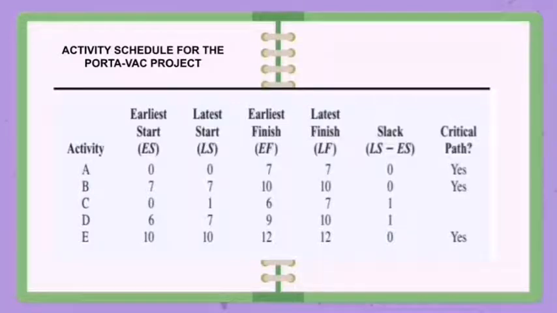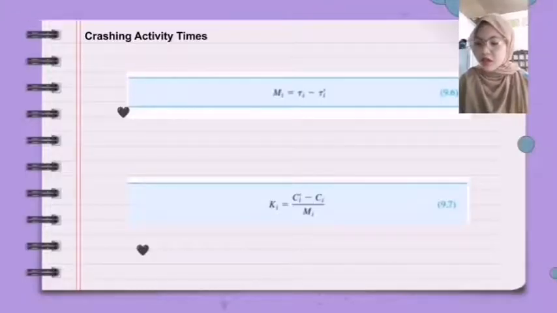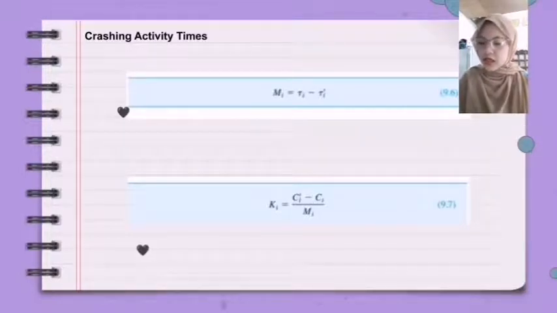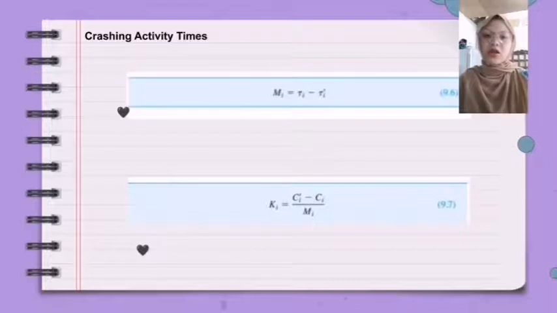Next, to determine how much activity time to crash, we need information on how much each activity can be crashed and how much the crashing process costs.